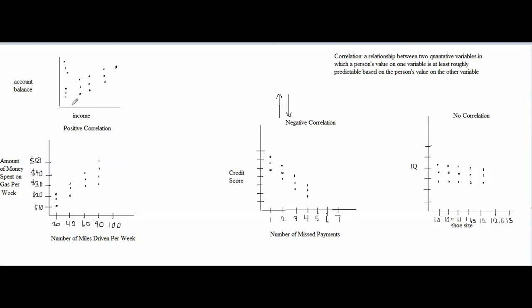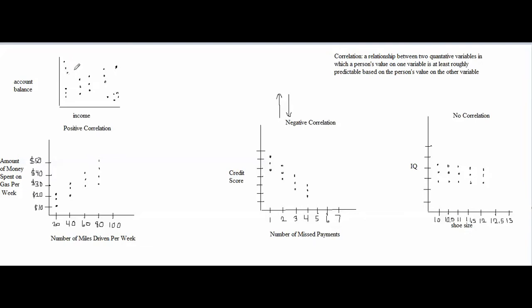We might have some people with high incomes who spend a lot of money, and since they spend a lot of money, they don't have much money saved in the bank. They have low account balances. So we might have some of those people out here in this corner with high incomes and low account balances. So if we were recording income and account balance, we might expect to see something like this, in which we do sort of see a positive correlation in here, but there's also a lot of people who don't fit that pattern.